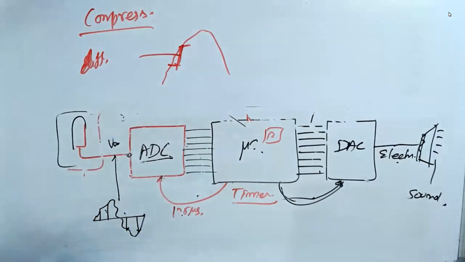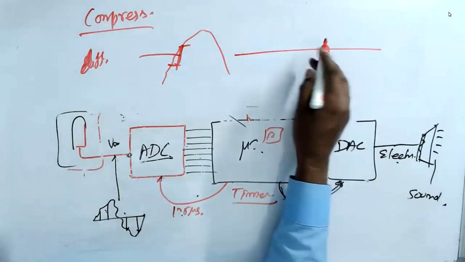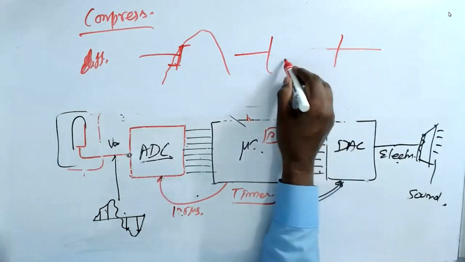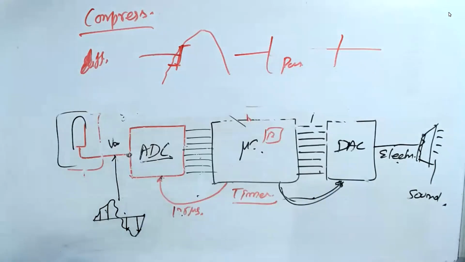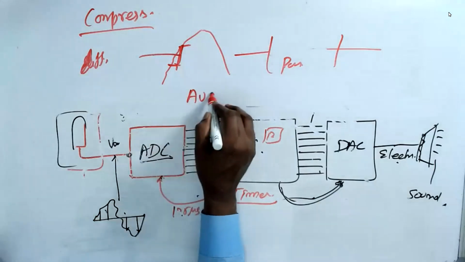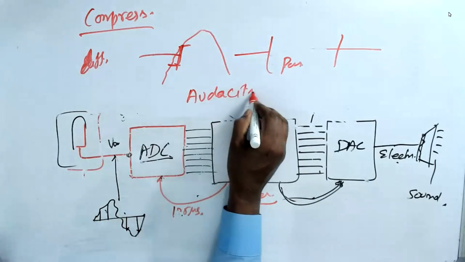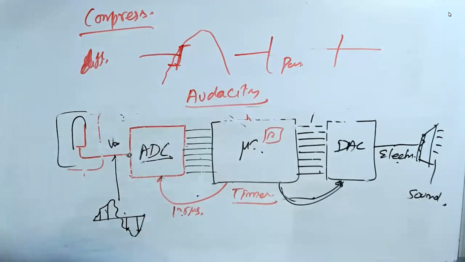And also, when we speak, a lot of times we have a pause. Maybe in the next class, I'll show you in Audacity, I make a small speech and see how it comes. Then you will know exactly, or you can go and see at home also. Audacity software is very good. It's open source.